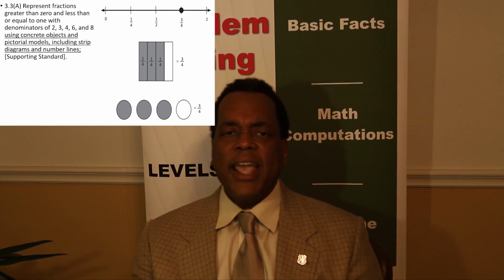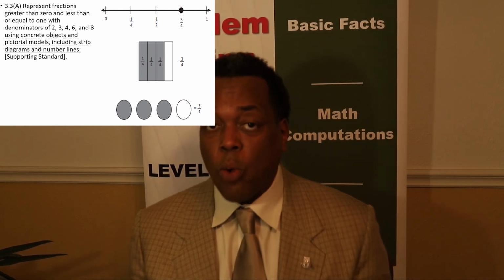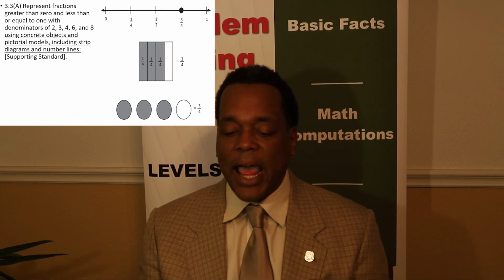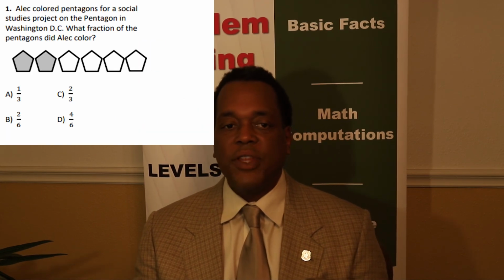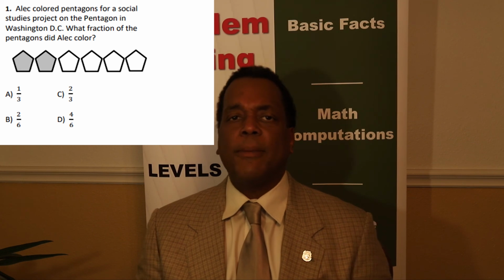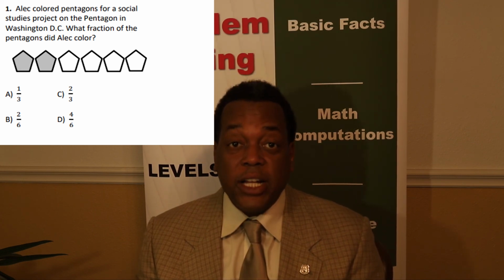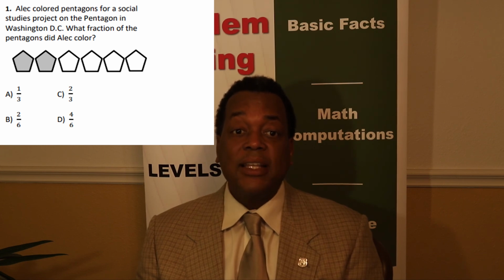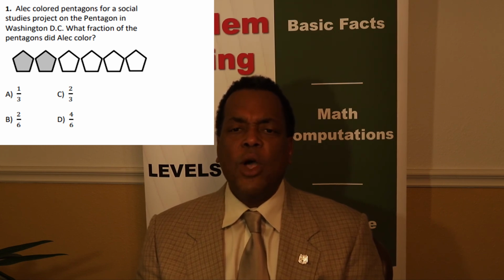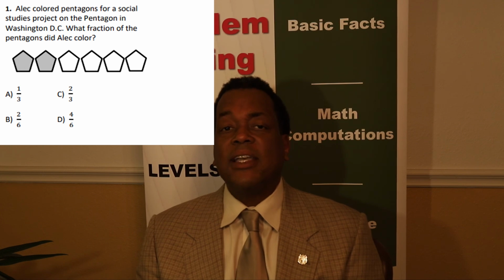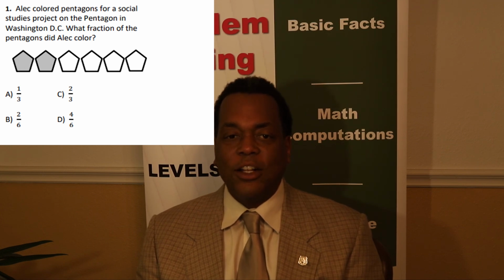Now let's move on and look at some STAAR word problems that look like what this standard represents on the test. Now let's look at this first problem. It states, Alec colored pentagons for a social studies project on the Pentagon in Washington, D.C. What fraction of the pentagons did Alec color?